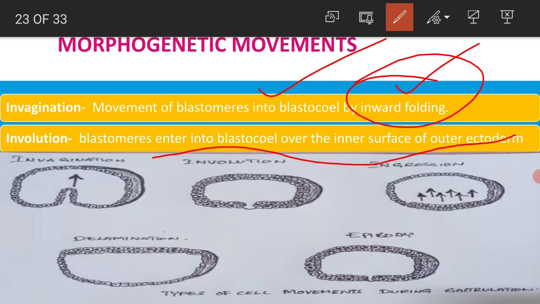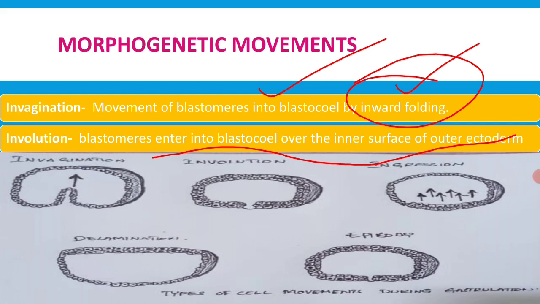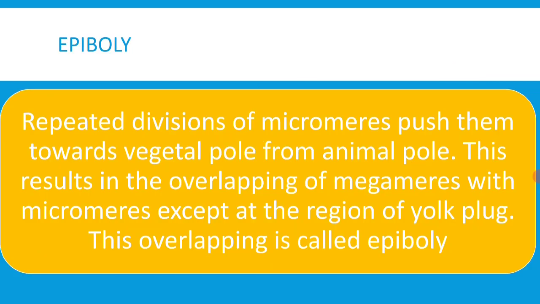That means invagination is only the inward folding, but if this inward folding turns to some side, then that is called involution. That means they enter into blastocele over the inner surface of the outer ectoderm. Epiboly, as I told, is where the thinning of the cell is taking place, but at the same time there is an increase in the surface area.